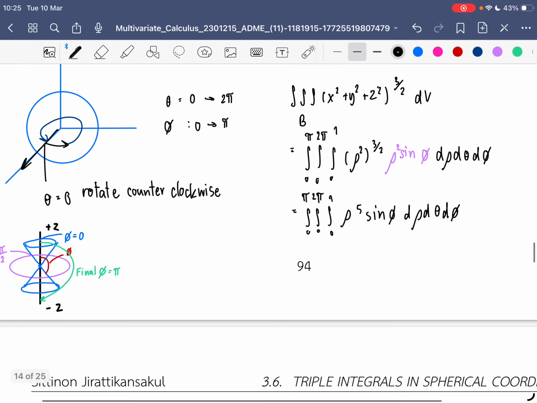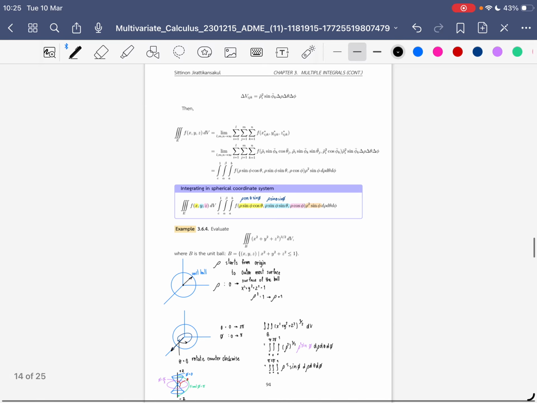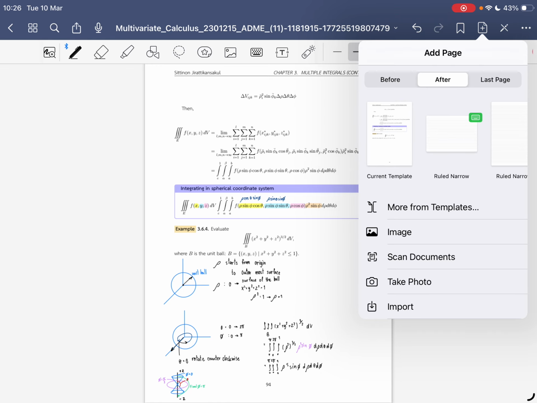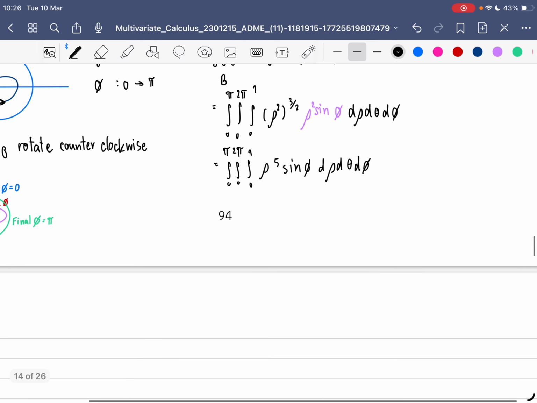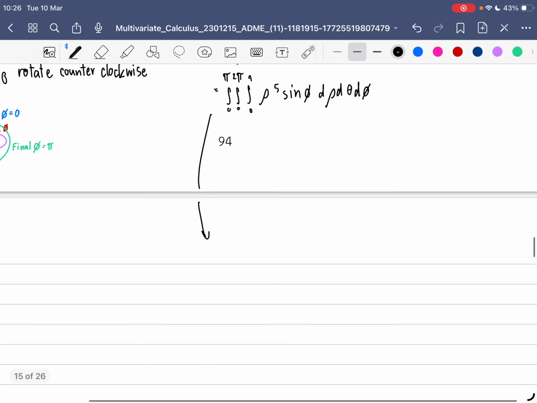Continue this, you get 0 to pi, 0 to 2 pi. Rho to the fifth, sine phi is constant. Take it as a constant.